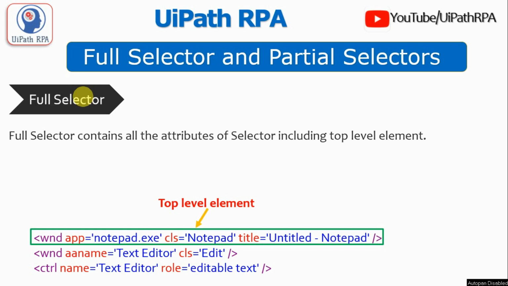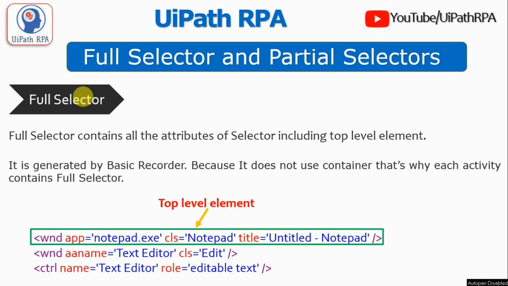This part is top level elements, and whatever comes next are attributes and their values. So the first line in our selector is called top level elements. With a full selector, like a normal selector, whenever we click on any element we get the full selector including top level elements, right?